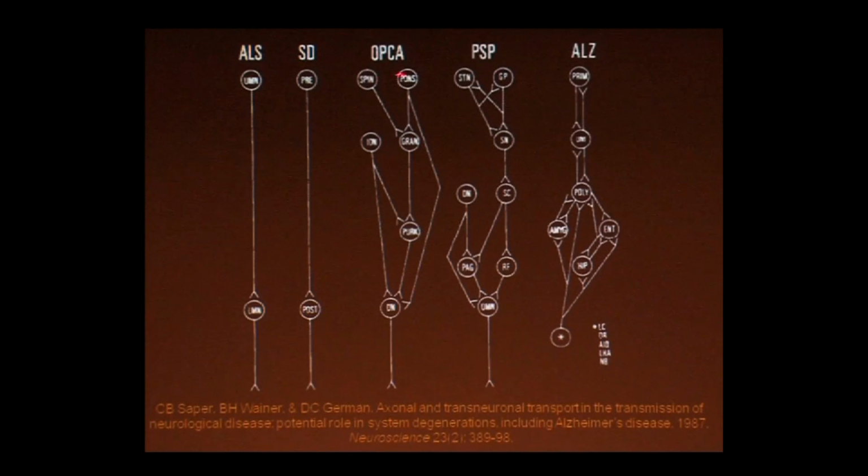And the punchline of this slide is, of course, that this is not actually from an anatomical textbook. This is from a paper that was written way back in the 80s that speculated that these neurodegenerative diseases, and there's one for each one of our circuits here, are targeting brain systems and marching through the brain in an organized way.